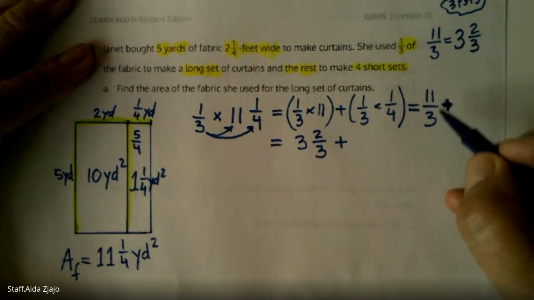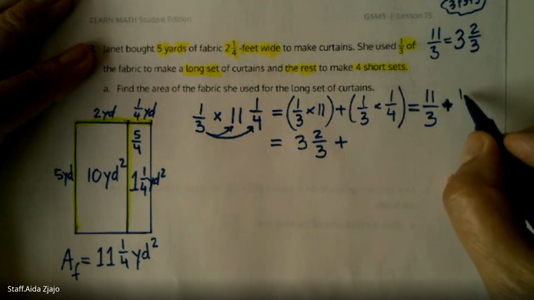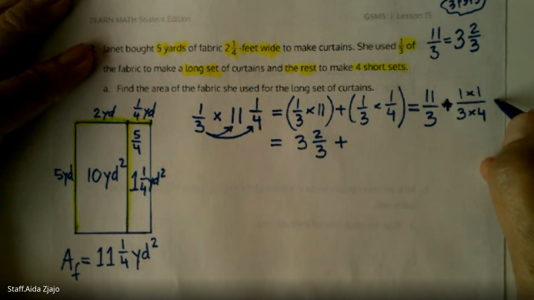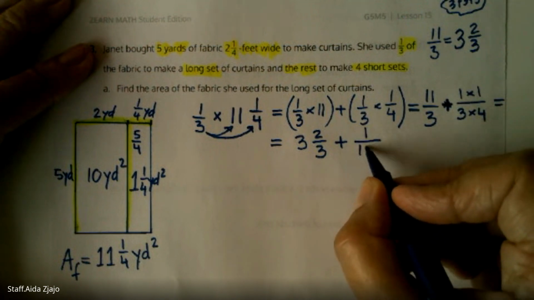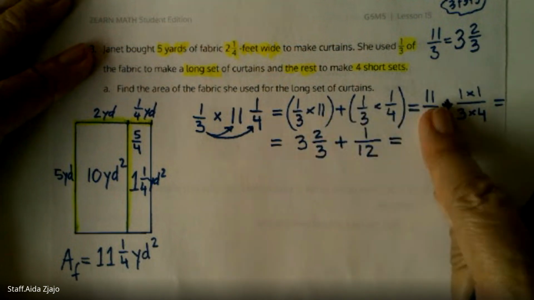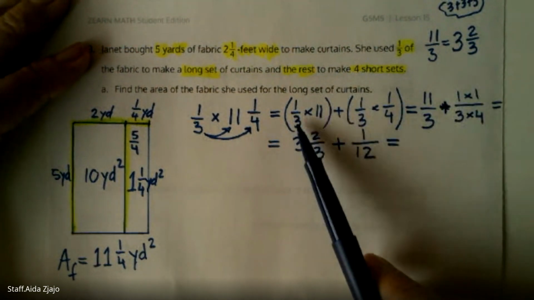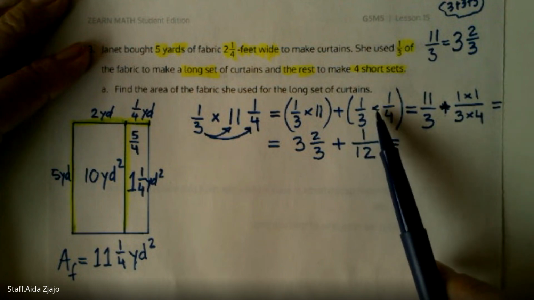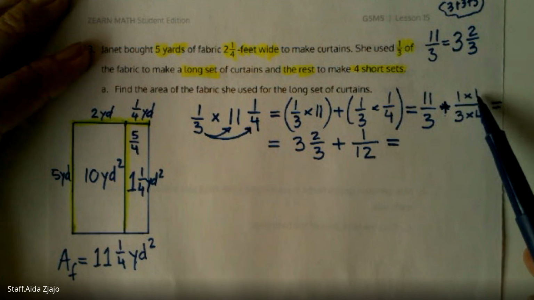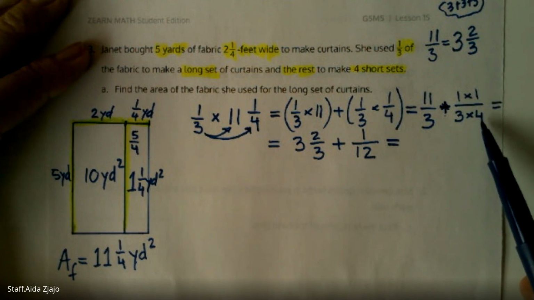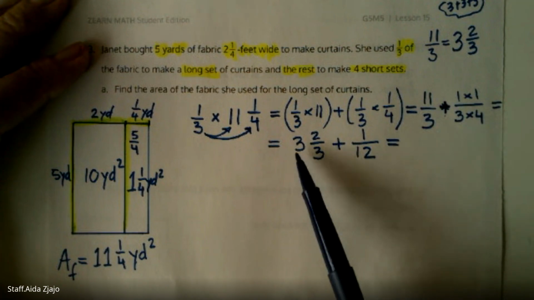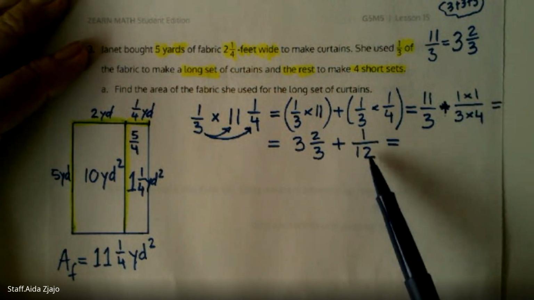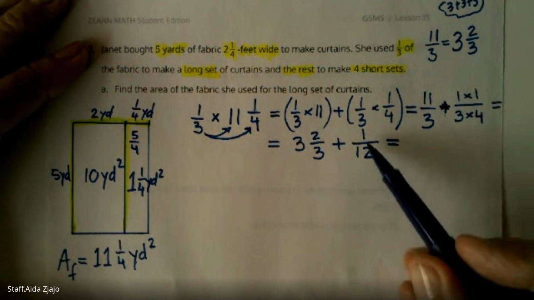Okay, I could do that: 1 times 1, 3 times 4, and this is 1/12 here. I just like making steps. 1/3 times 11 is 11/3, plus 1/3 times 1/4 is numerator times numerator, denominator times denominator. So 11/3 is 3 and 2/3. 1 times 1 is 1, 3 times 4 is 12, so this is 1/12.